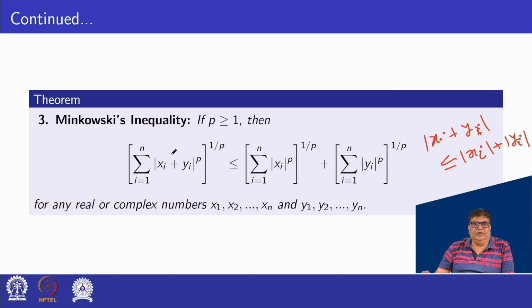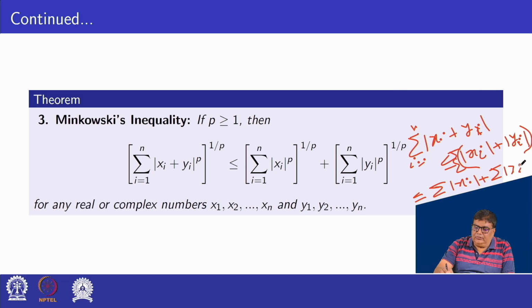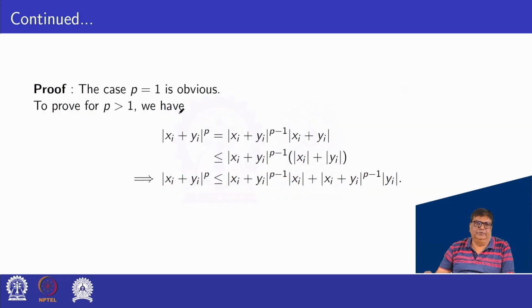Taking the summation from i = 1 to n, we get the summation of |xi + yi| ≤ the summation of |xi| plus the summation of |yi|, i = 1 to n. So the case is obvious for p = 1.